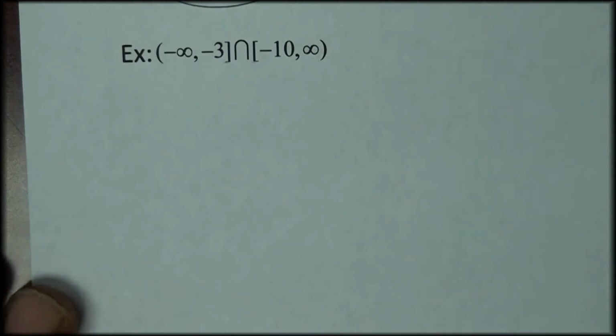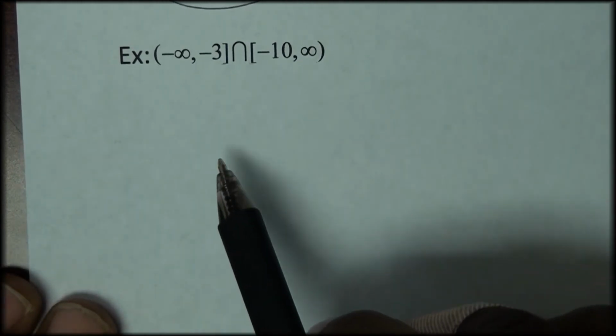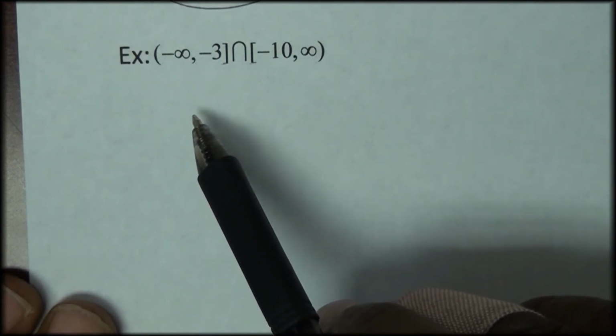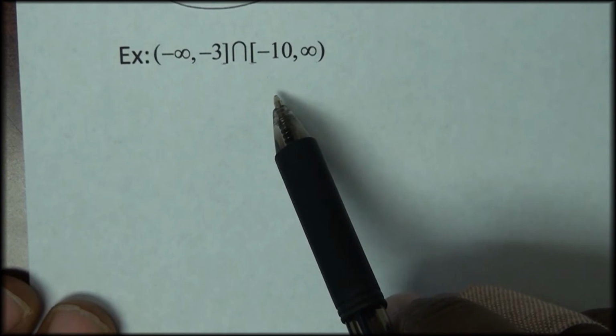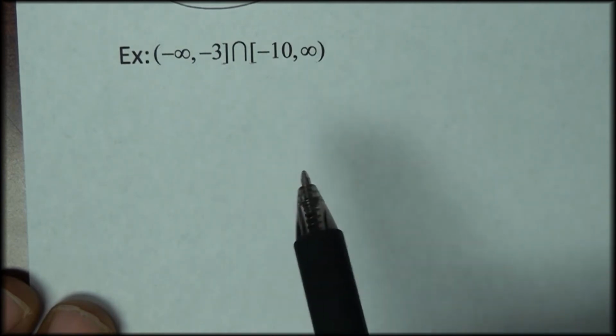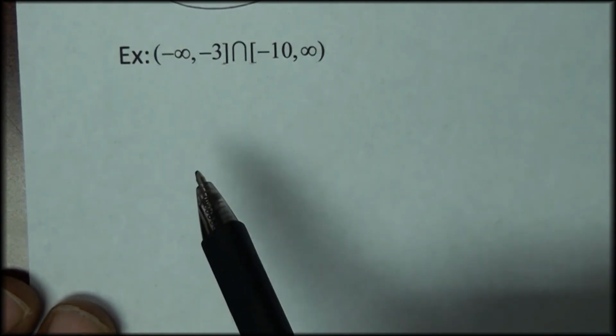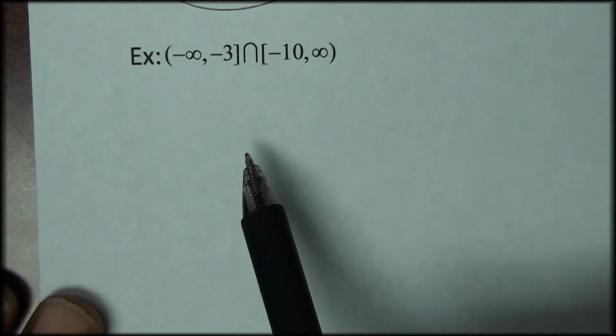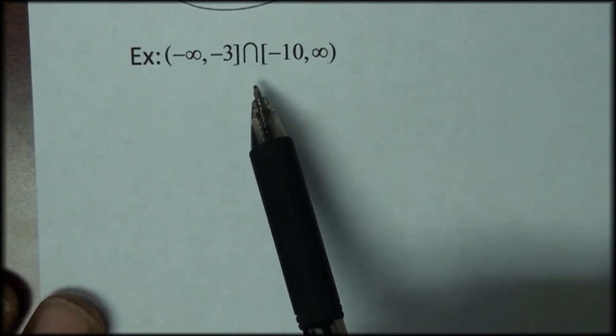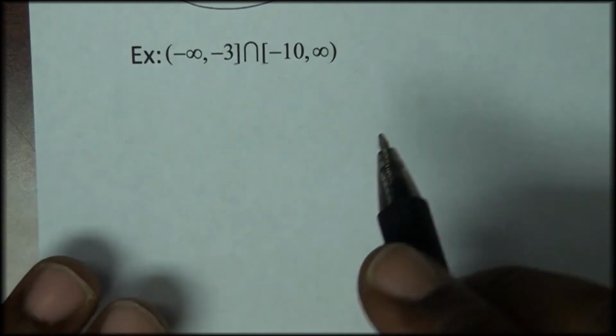Next, we'll take a look at the example, the half open interval from -infinity to -3 intersect the half open interval from -10 to +infinity. So once again, we'll graph both separately, we'll analyze the graphs, and determine the intersection.